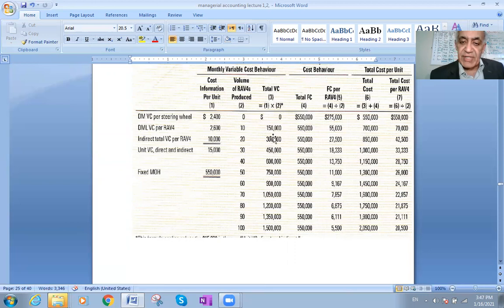The variable costs are increasing because of the increase in production. Total cost, of course, will increase also because it is the variable cost plus the fixed cost. But the cost per unit will decrease when the volume of production increases, like what you saw here.